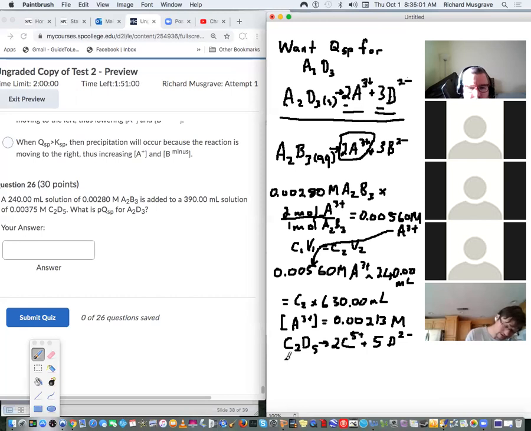So let's see, where are we? So it's 0.00375 molar C2D5. And I'm going to get 5 moles of D2− for every 1 mole of C2D5.